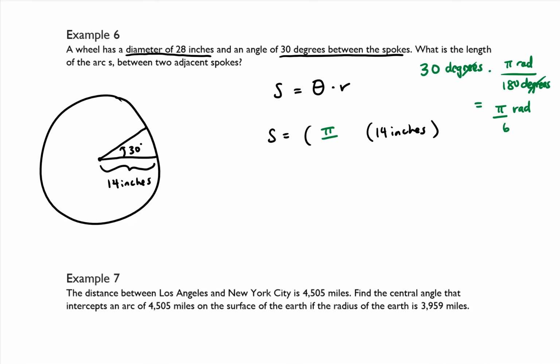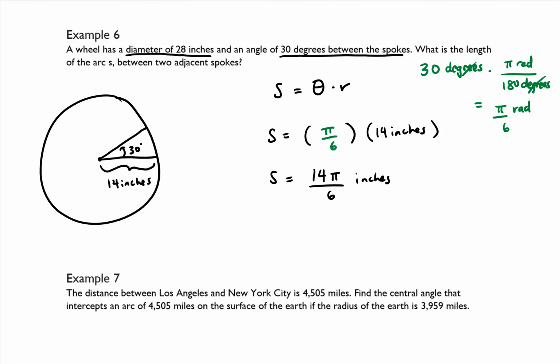So here I'm just going to write pi over 6 in my formula. And if you multiply that, you would get s is equal to 14 pi over 6 inches.